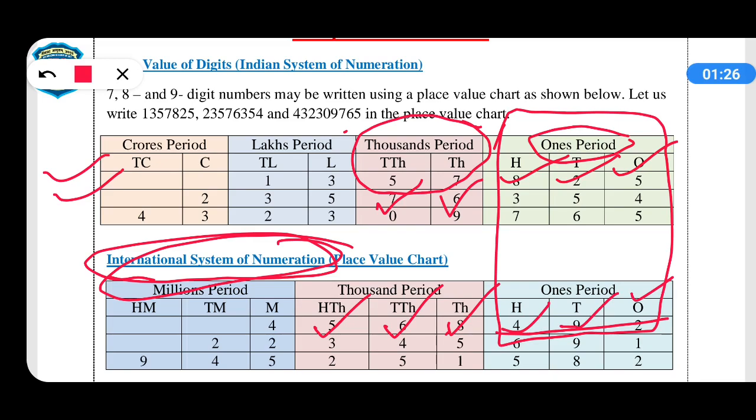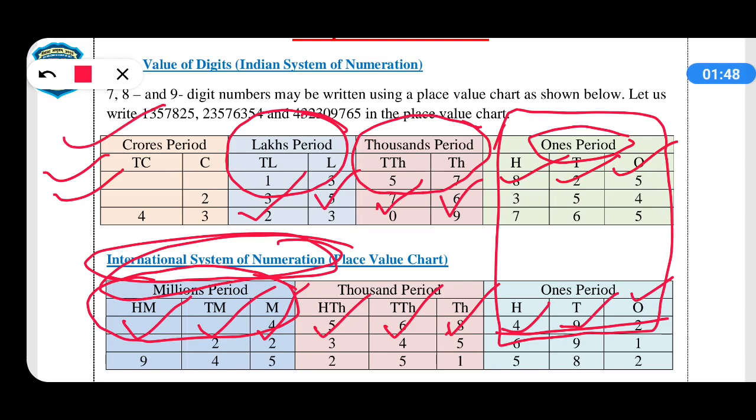Now in the Indian system of numeration, it is lakh period, lakh, 10 lakh. Whereas after thousand, in the international system, it is millions period, 1 million, then 10 million, then 100 million, right? But in the Indian system, the next is crore period, crore, 10 crore.